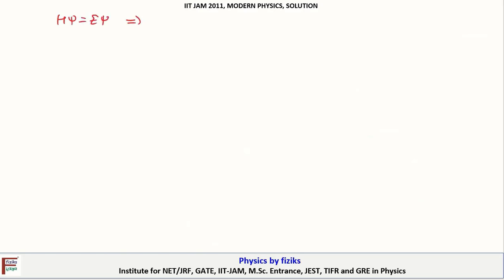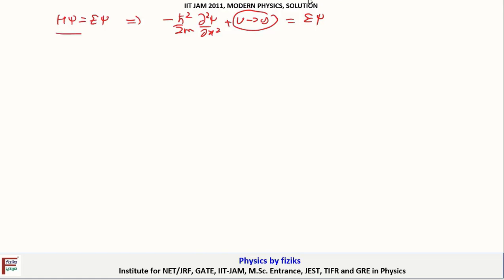Since the potential is infinite in the region beyond this, we cannot write the Schrödinger equation minus h cross square by twice m del square psi by del x square plus V. Here V is approaching infinity, so we cannot write the Schrödinger equation here like this one.